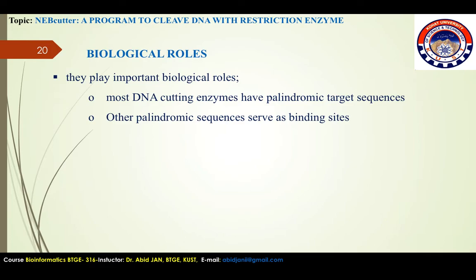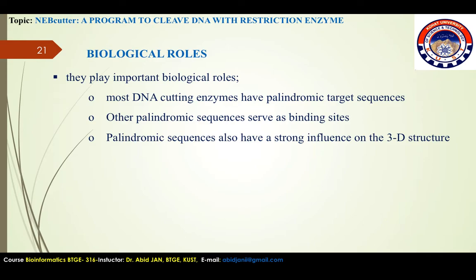So this is a regulatory role. Palindromic sequences also have a strong influence on the three-dimensional structure of DNA molecules, and therefore looking for exact or approximate palindromes in DNA sequence is a classical bioinformatics exercise.